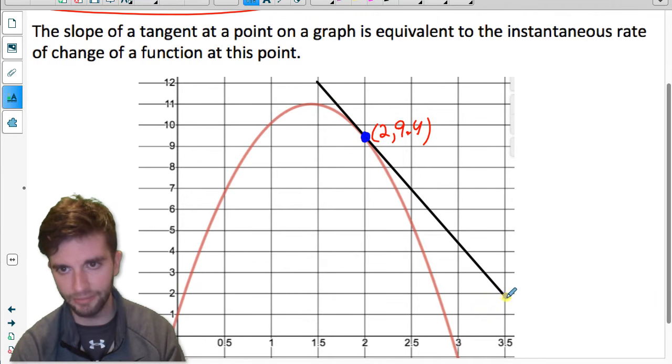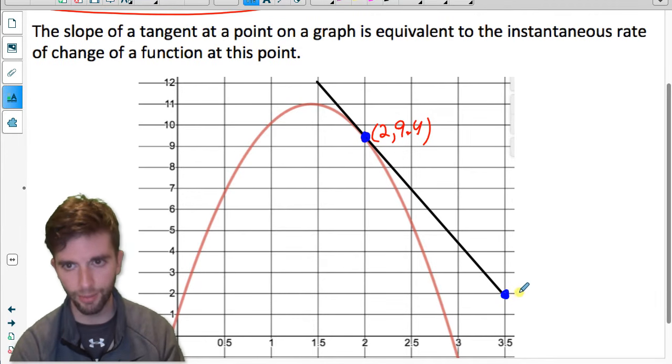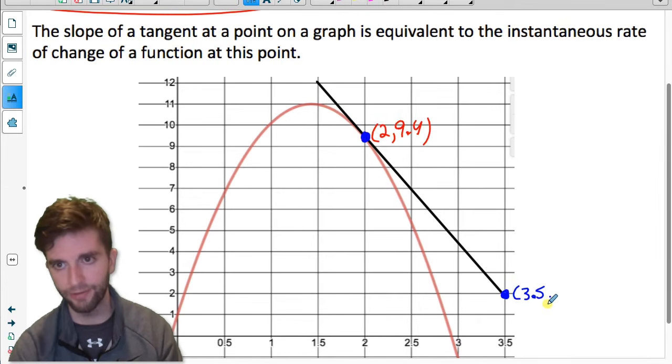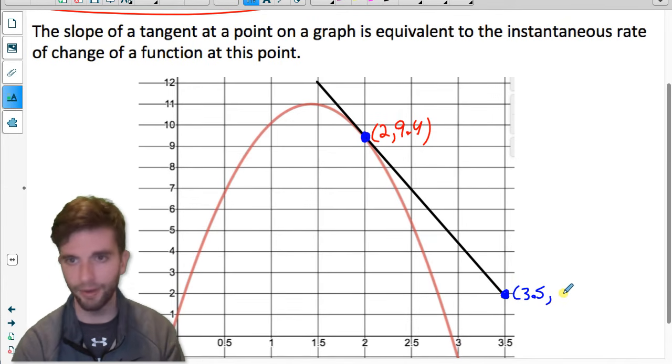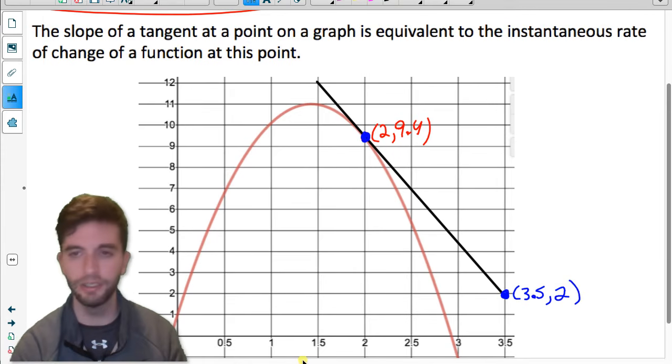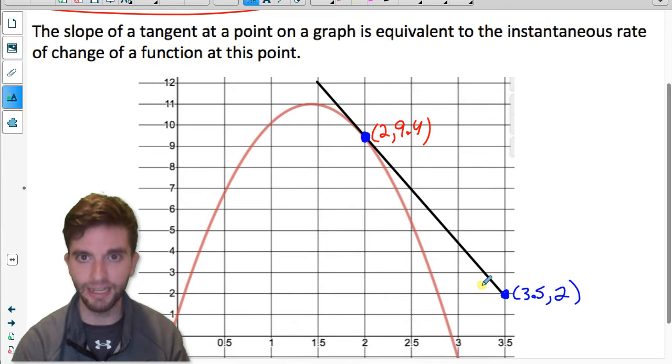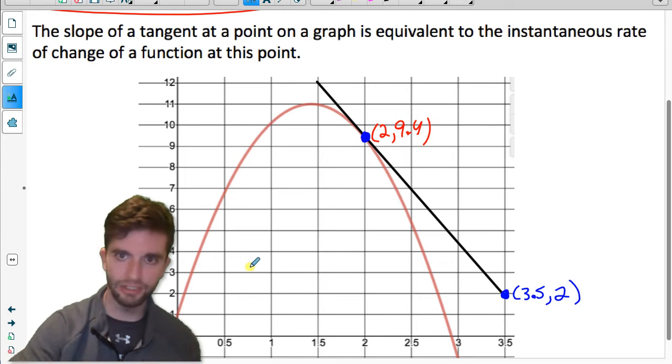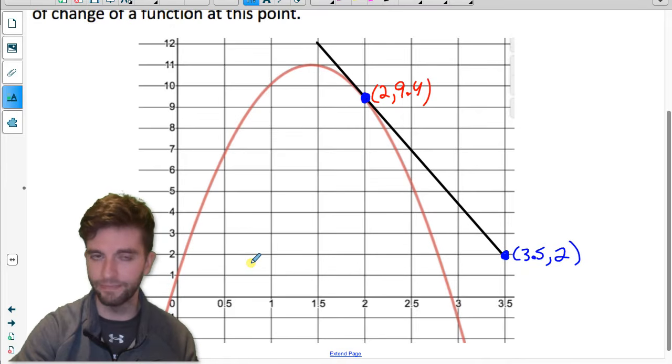It looks like it's at pretty close to 3.5 comma 2, maybe 3.5, 1.95, I don't know, but I'll guess 3.5 comma 2. This may not be an exact point, because the tangent line I drew may not be perfectly accurate, but this is an estimation of another point on that tangent line.